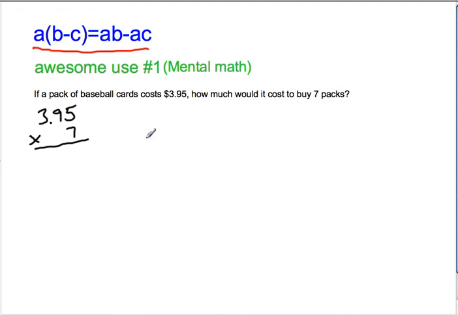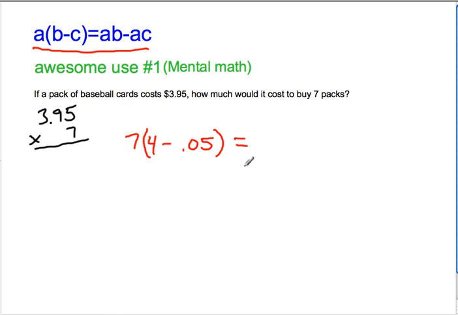So what if we would instead multiply by $4 minus 5 cents? Right? $4 minus 5 cents is $3.95. So we want to multiply this $3.95 by 7. And so this problem is the same problem as the one in black there.